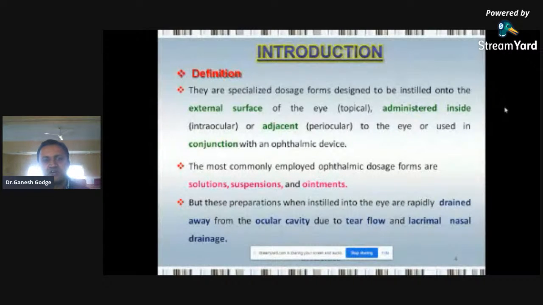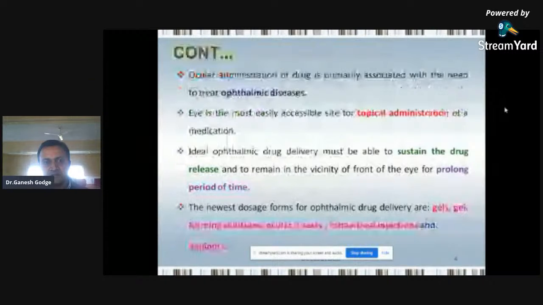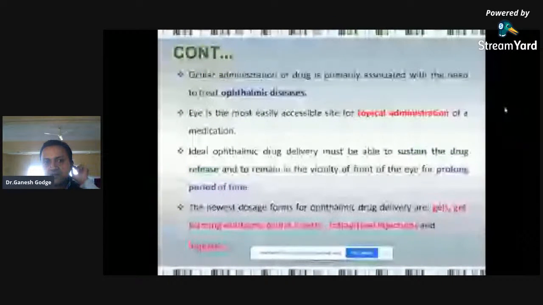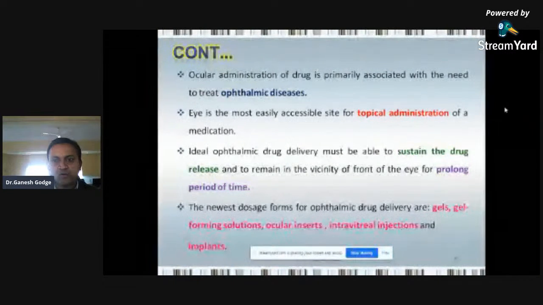That is the major drawback associated with conventional ocular preparations. Ocular administration is the most easily accessible site for topical administration of medication. Our eye, which is such a delicate organ, is the most accessible site for topical administration of medication.